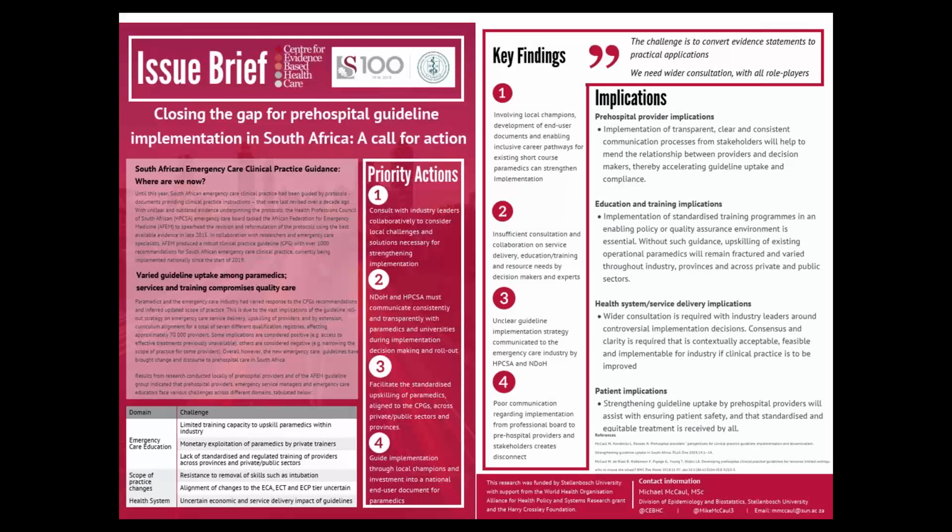We also highlighted some key findings linked to the research and some implications, like what Nasreen has mentioned previously. So this was one strategy that we had around getting decision makers to be aware of what paramedics are saying around how they think guidelines should be implemented, and also acknowledging some of the challenges that paramedics are experiencing regarding the new guidelines.